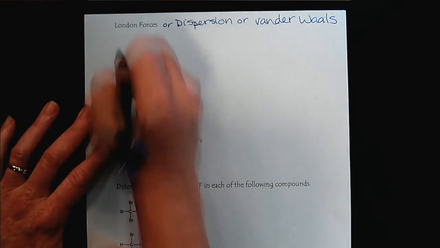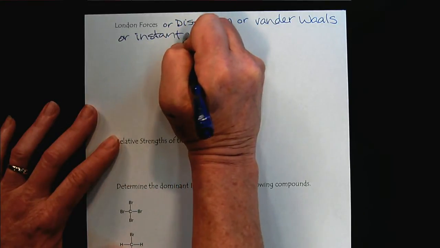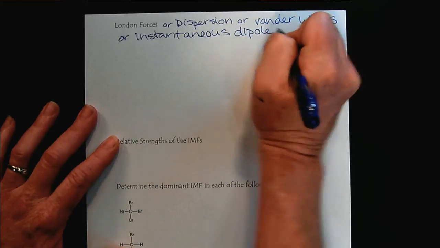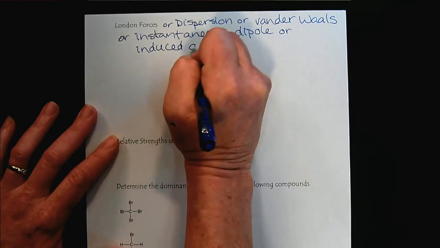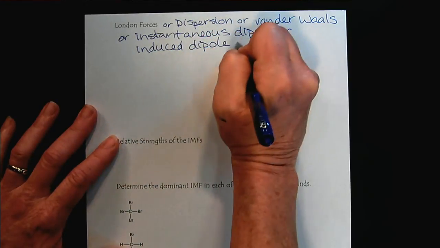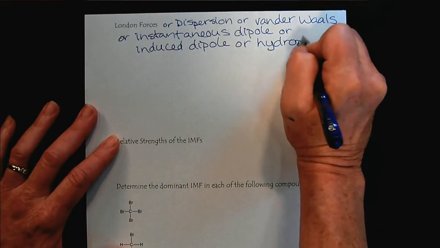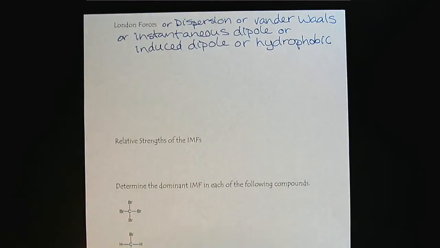It also gets called an instantaneous dipole, or an induced dipole, or a hydrophobic interaction. So this intermolecular force goes by a lot of names. Depending on how you hear it described, it's all describing the same intermolecular force.